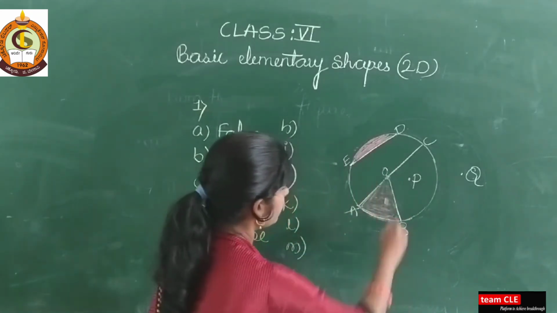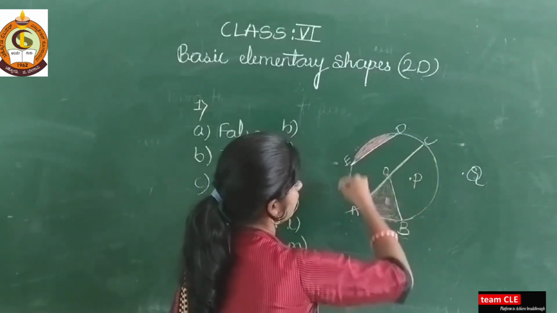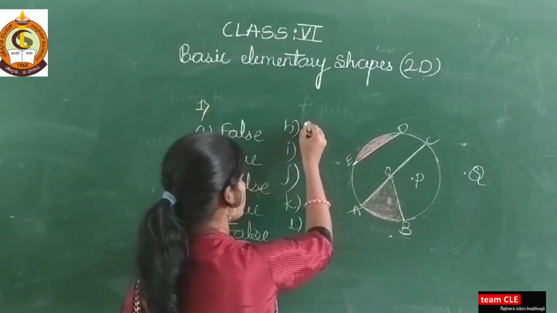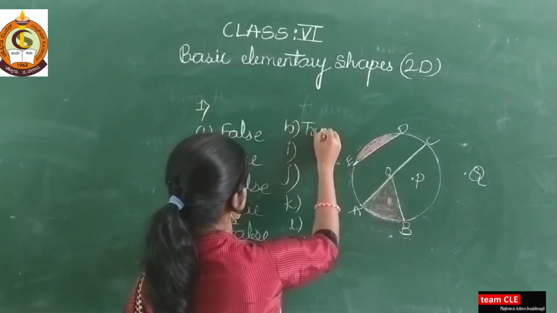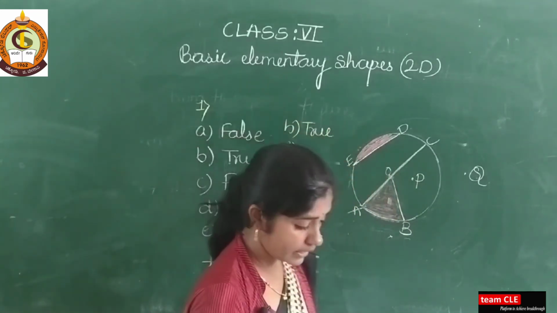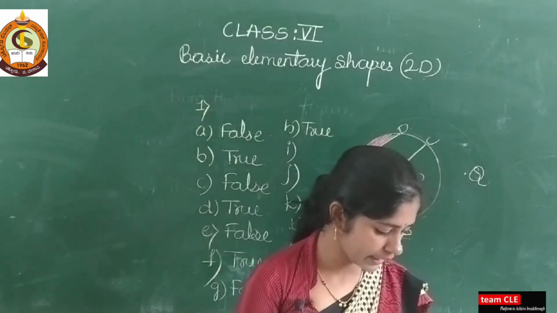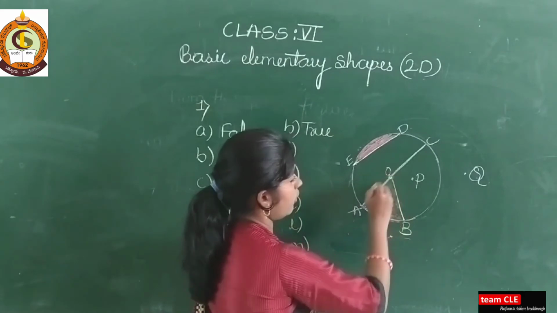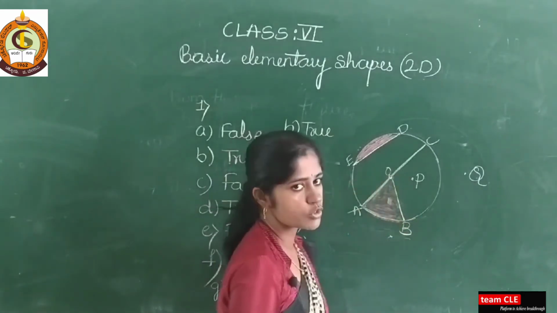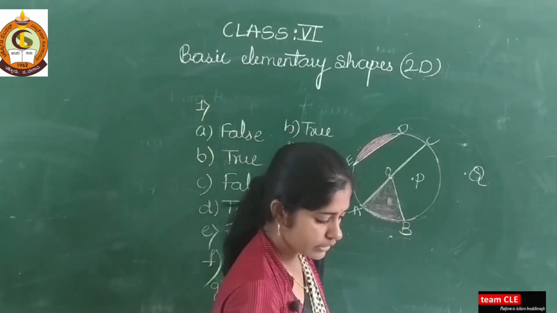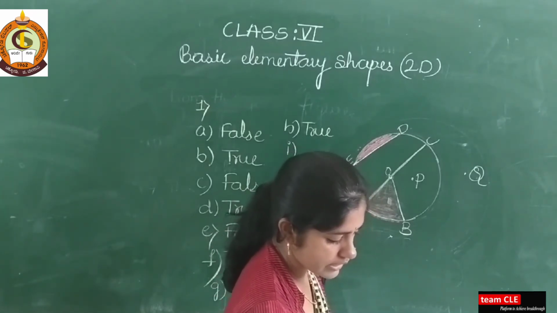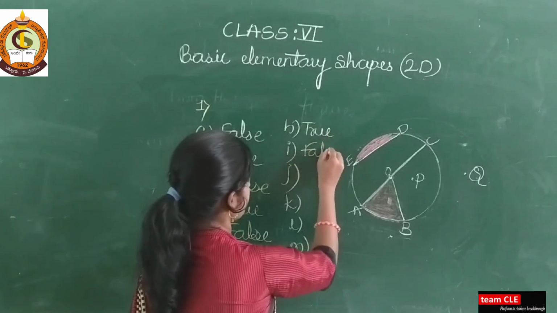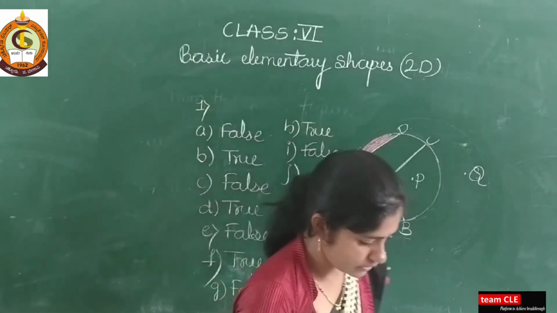That is true. Next, I. A circle can have only one radius. That is false, because I already told you, in one circle we can draw so many radii. So that statement is false.